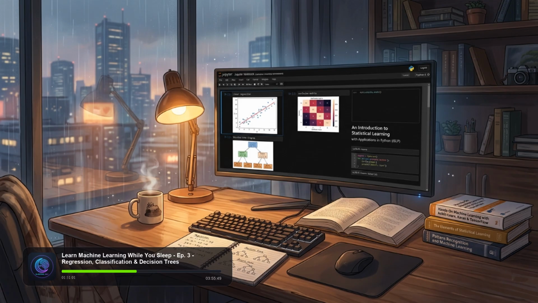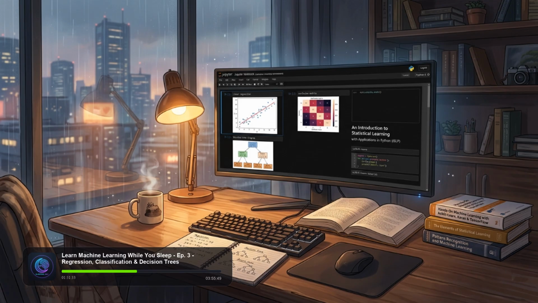It is calculated as the number of true positives divided by the sum of true positives and false positives. Precision answers a specific operational question. Of all the instances that the model flagged as positive, what percentage was actually positive? High precision means that when the system raises an alert, engineers can trust with high confidence that the alert is genuine, minimizing time wasted investigating false alarms.